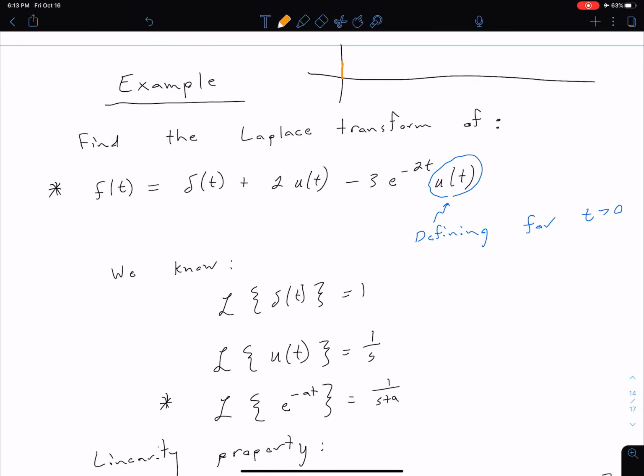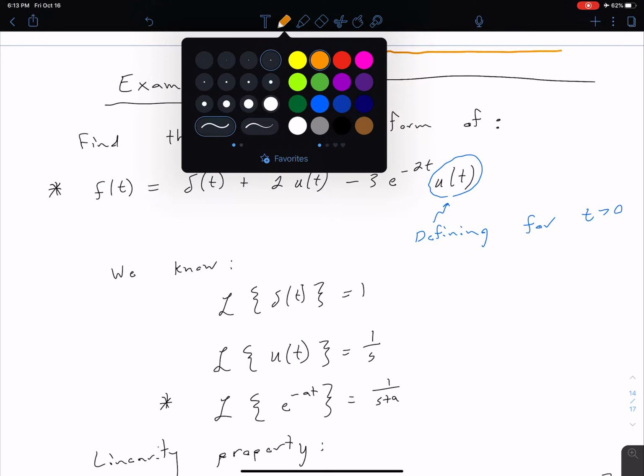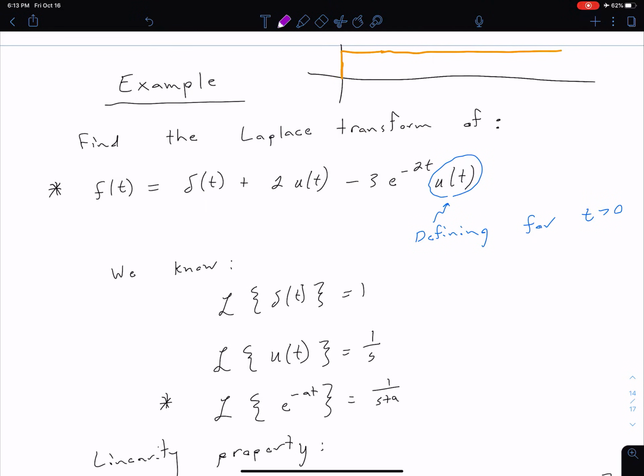Our 2u of t is going to kick on for t greater than 0, with a value of 2, and it's going to look something like this. So we have this step function here, but then we also have this minus 3e to the negative 2t. Basically we'll have some function down here which has a decaying exponential. Let me draw it out a little bit. We'll have something that looks like that.